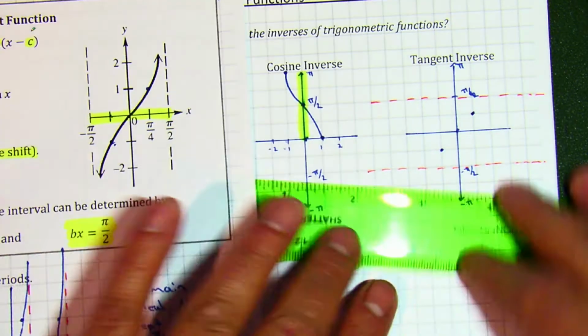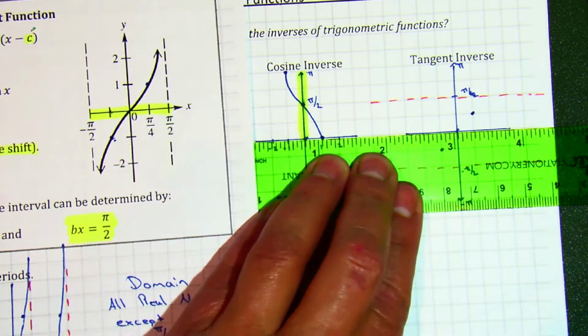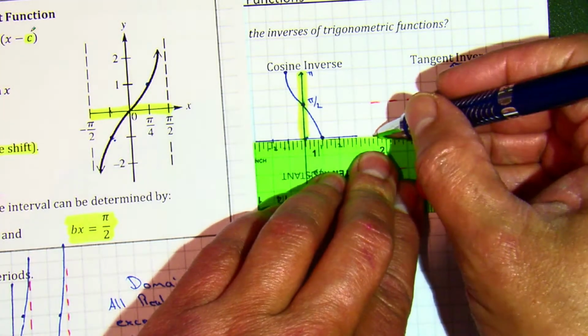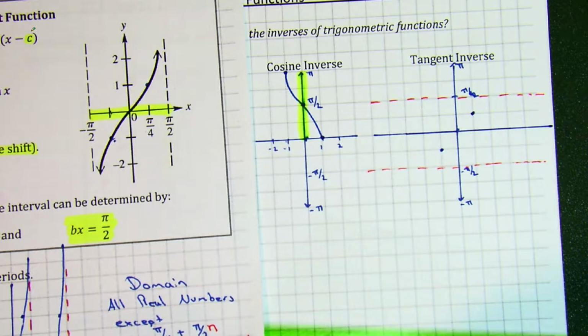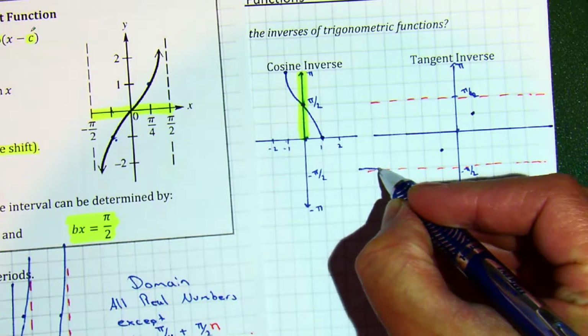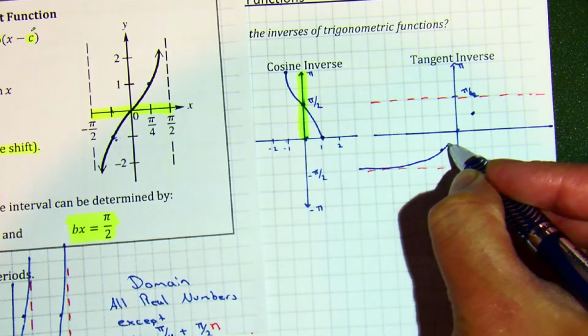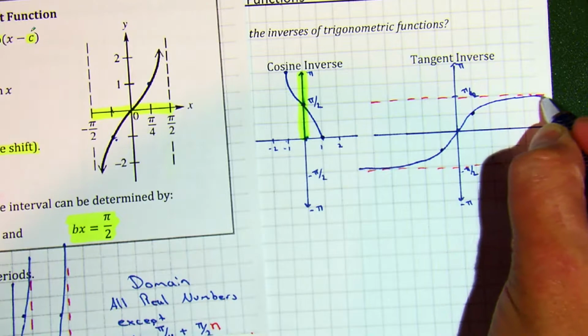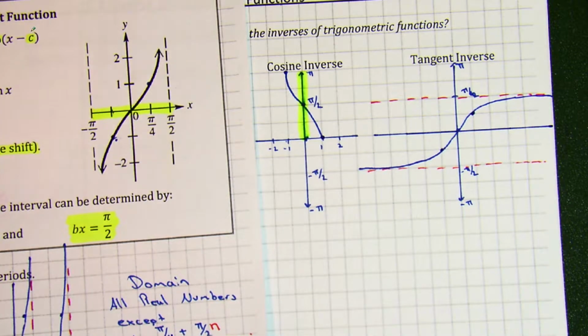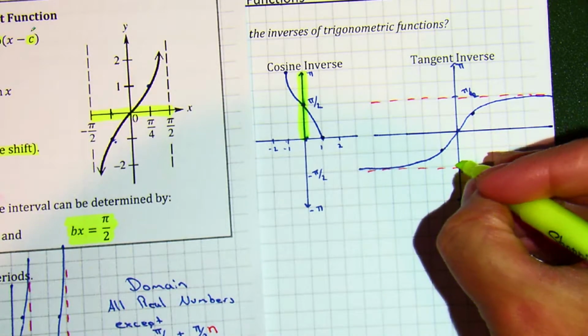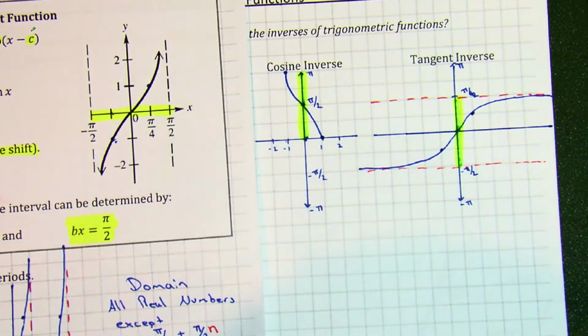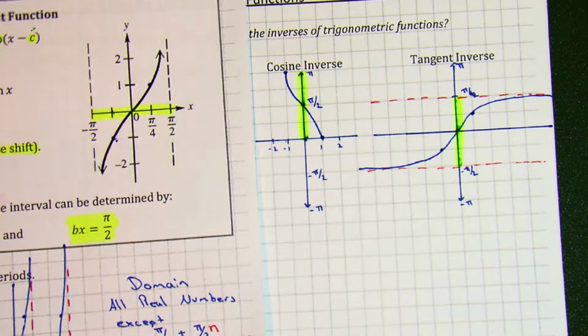So let me make my x-axis a bit longer, and then we can sketch our graph. So now we're taking the inverse, so the inverse will look something like this. Your y's become your x's, and your x's become your y's. And that is a function. And we are restricting our domain to be from negative pi over 2 to positive pi over 2.